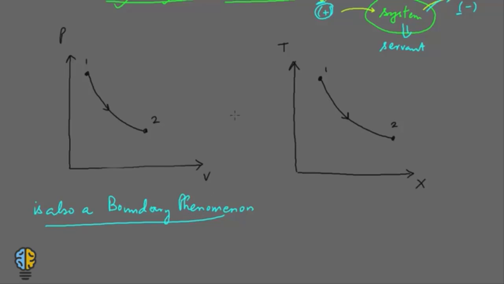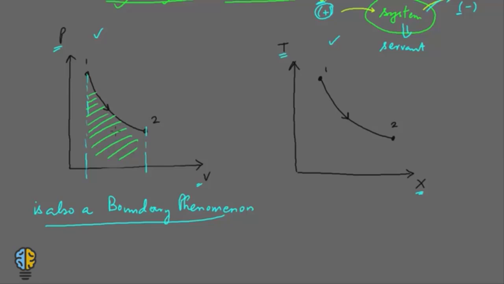Now, if you look at these two figures, let us say this is figure 1 and this is figure 2. This is a plot between P and V, and this is a plot between temperature and let us say any arbitrary property X. We will not define this X at the moment. In the PV plot, the area below the plot is the area which designates the work done in going from state 1 to state 2.